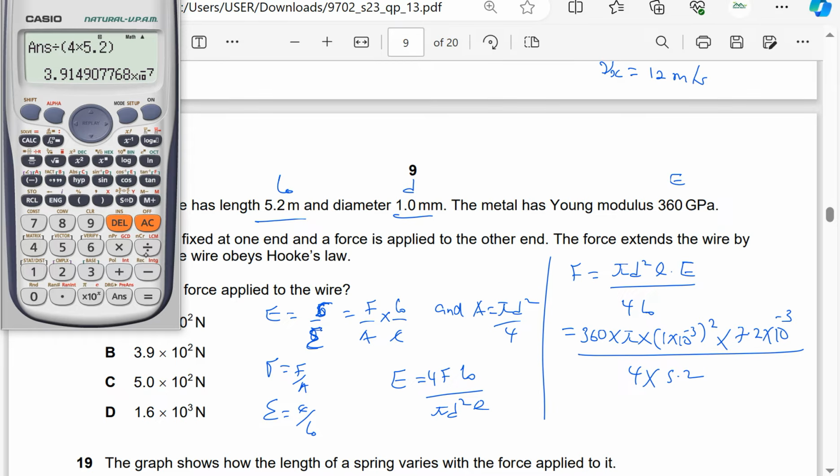Let me press the calculator again. 360 times pi times 7.2 exponent minus 3 times 1 exponent minus 3, but this is squared, divide by 4 times 5.2.